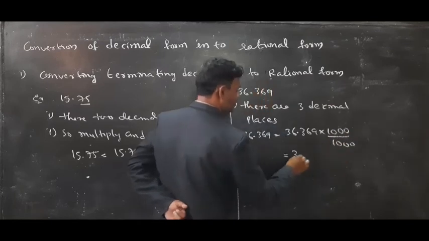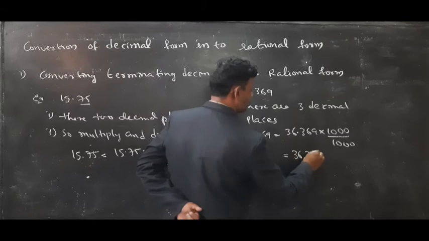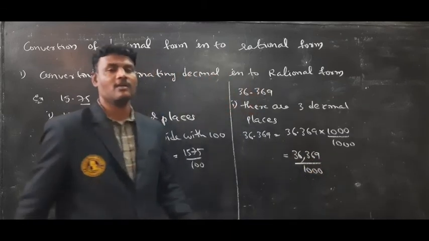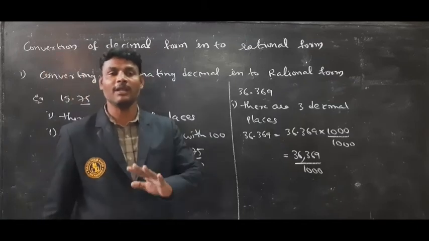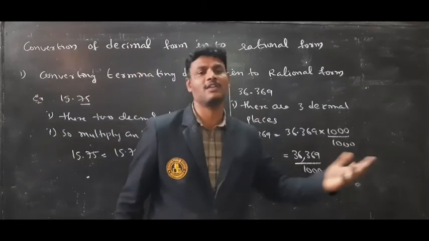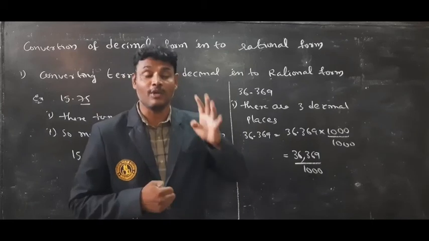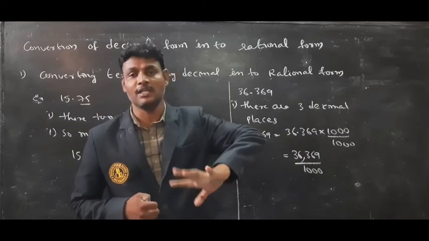So finally it is 36369 by 1000. Okay. To convert a terminating decimal into fraction form, first you have to count how many decimal places there are. According to the decimal places, you multiply and divide.